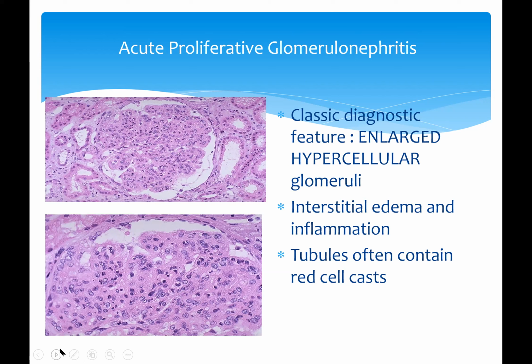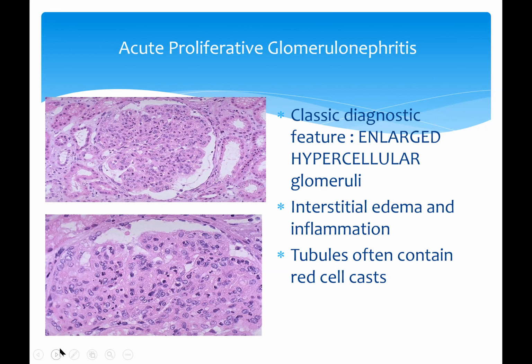There is proliferation of endothelial and mesangial cells. And in severe cases, even epithelial cells, which leads to crescent formation. The proliferation and leukocyte infiltration are typically global and diffuse. Again, it is typically global and diffuse.